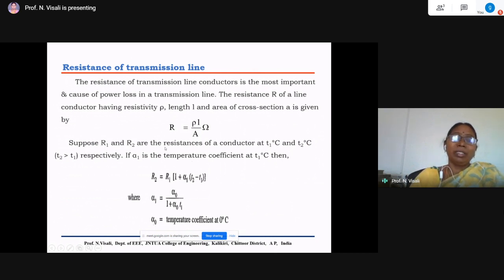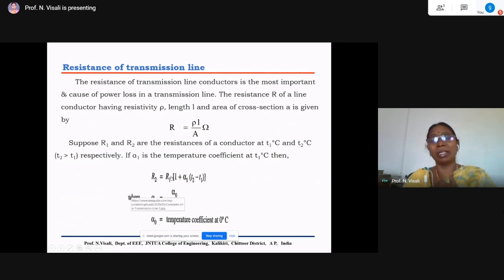Then this resistance again depends upon temperature. So as temperature changes, the resistance also will vary. For T1 and T2 as the two different temperatures, the resistances will be R1 and R2. Here alpha 1 is the temperature coefficient at temperature T1 degrees, and alpha 1 is nothing but alpha naught by 1 plus alpha naught T1, where alpha naught is the temperature coefficient at 0 degrees centigrade.